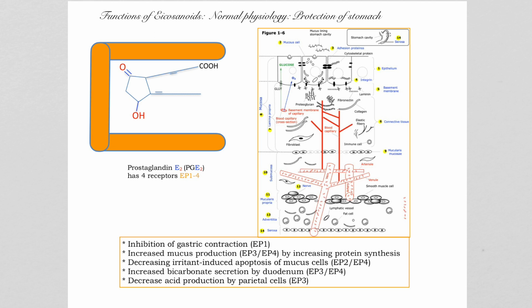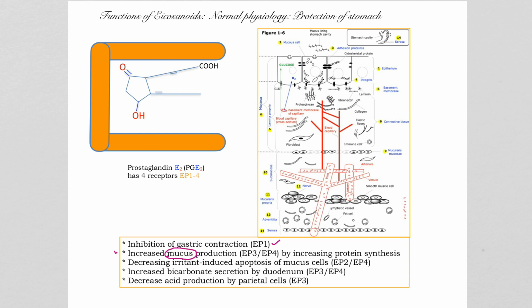One is it inhibits gastric contraction. The more the stomach contracts, the lower the volume, which means the more concentrated the acid can become. Remember, the stomach secretes acid. The stomach is normally protected by mucus, so the destruction of the stomach mucosa by the acid is prevented partly by the mucus production.